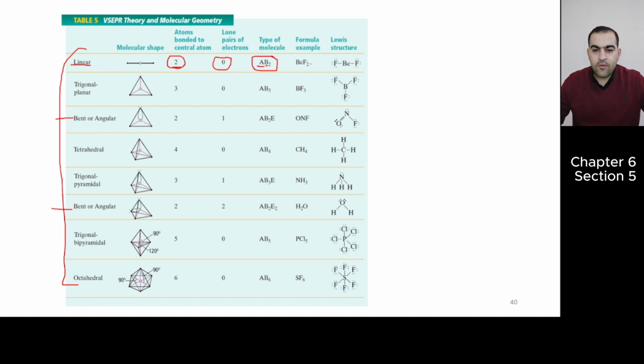For example, beryllium difluoride. If I ask in the exam, what's the molecular geometry of beryllium difluoride? You might say beryllium is going to be central and the fluorines bond with the central atom. How do we know it? We must know the Lewis structure. Guys, here Lewis structures are drawn geometrically.